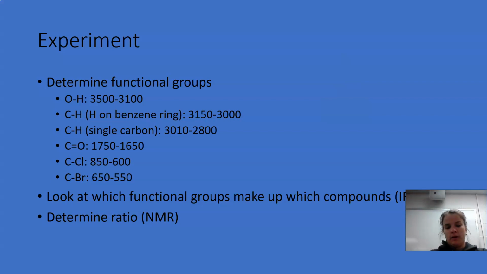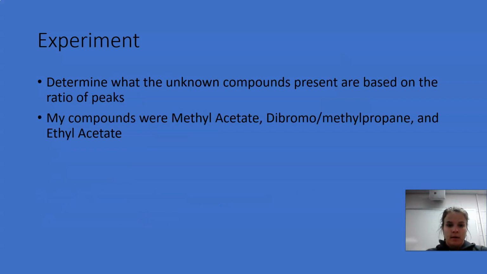So that would be where the NMR came in. We had to determine the unknown compounds that we were given based on the ratio of the peaks. So at the end, after I figured out the functional groups that were present and then made the ratios, I found out that my compounds were methyl acetate, dibromomethylpropane, and ethyl acetate.